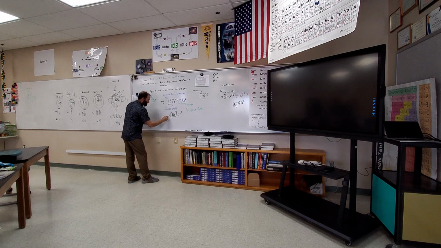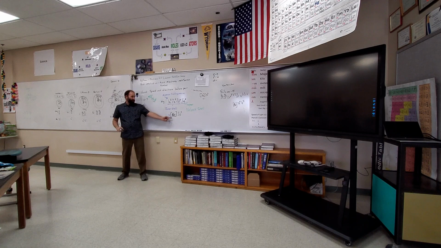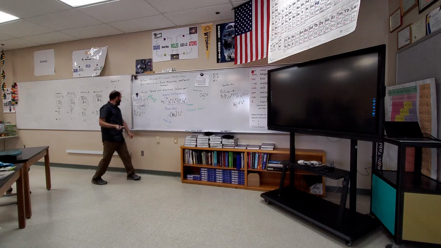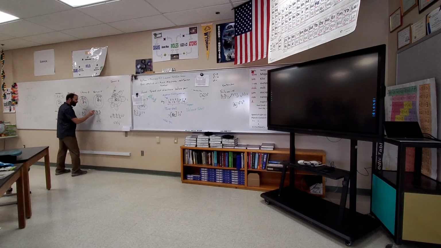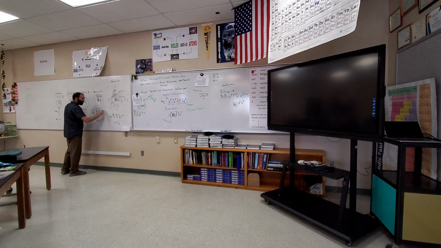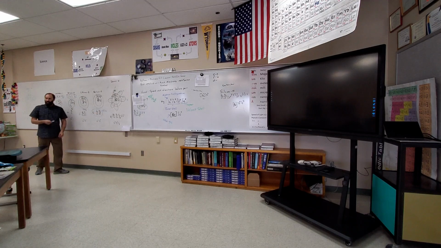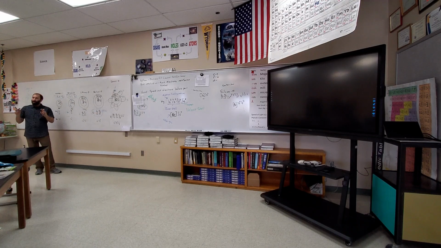This one's called noble gas, which should make sense. Why do we call it the noble gas? Because we're using the noble gas to abbreviate. And then this one, what do we call it? The arrow one? Spin diagram or orbital diagram, because we're showing the spin.